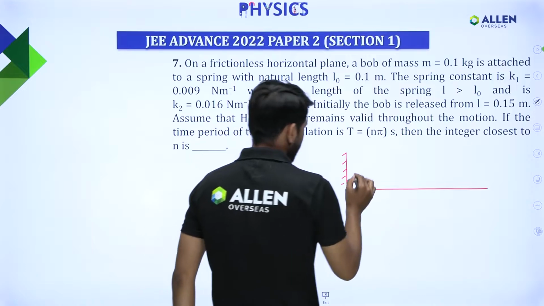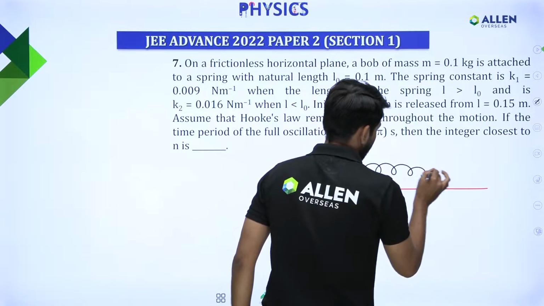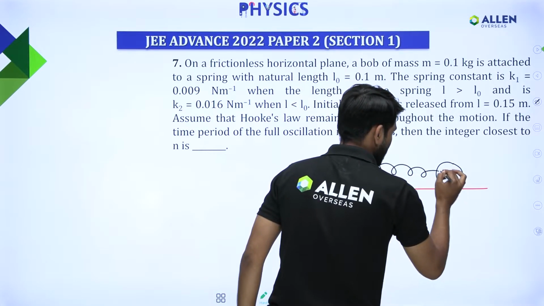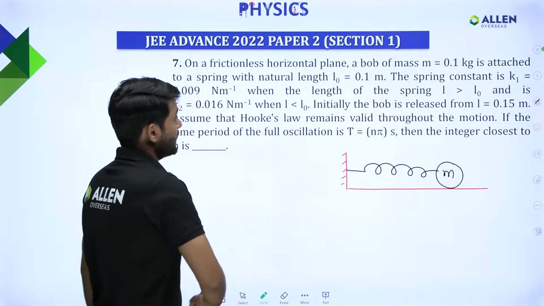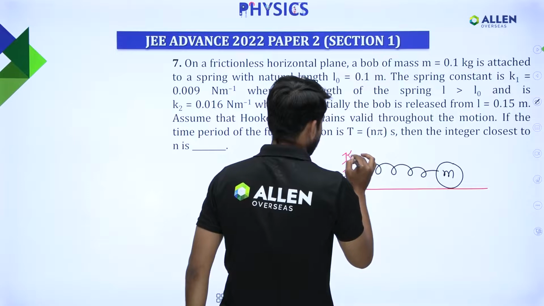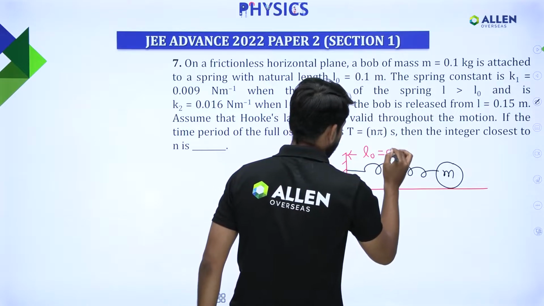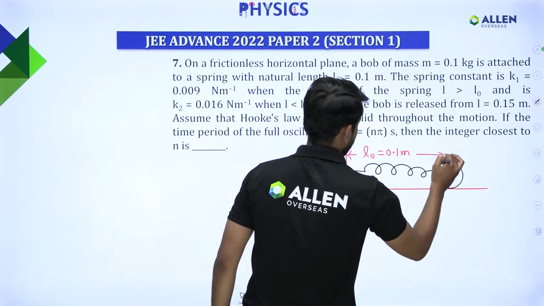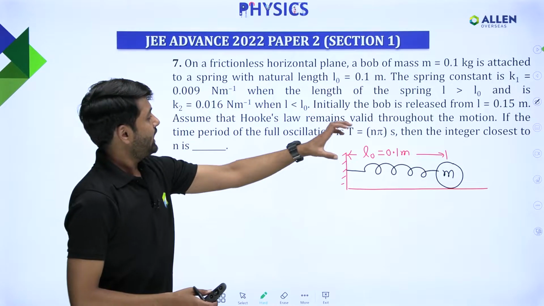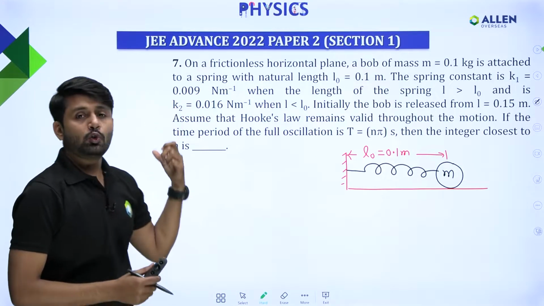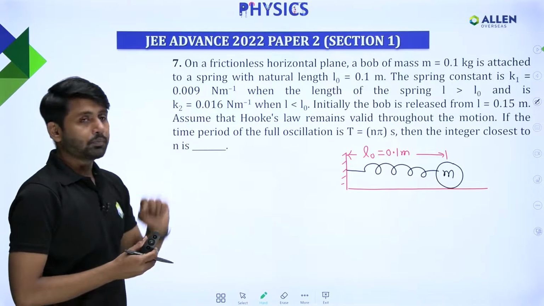This is the spring, and this bob of mass m is attached to the spring. The natural length of the spring is given, that is 0.1 meter. This is L0, 0.1 meter, and the mass of this bob is 0.1 kilogram. The spring constant is K1. K1 is 0.009 Newton per meter.